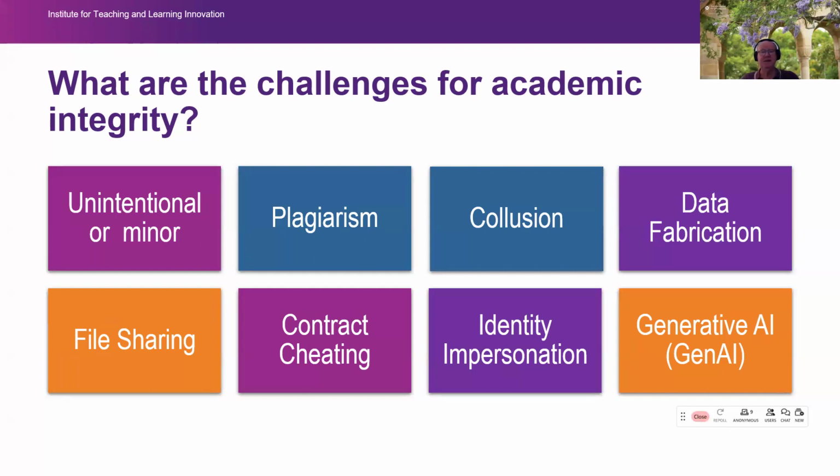And whilst these two types of technology provide real advantages for students' learning, they also blur the line between what might be and what might not be academic misconduct. So we're going to have a look at some of those today: file sharing, contract cheating, and how to keep your students safe for generative AI, or with, I should say. And you're invited to ask questions as we go along, or put them in the chat and we'll address them.